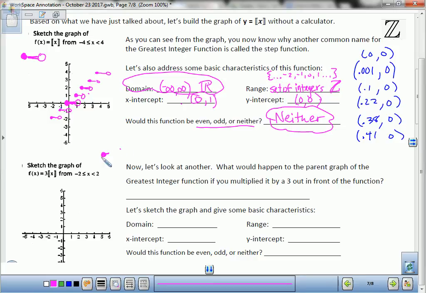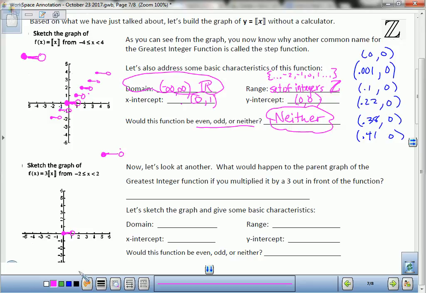All right, now looking at this one, where do you think the first barbell should be placed? The first step. Okay, is it shifted up, down, left, or right, Eddie? No, it's not. So we're going to start this barbell right here at 0, 0. Okay, and we're going to go over to 1, and we're going to put our open circle, because we studied the parent graph, and we know that's how we start. Now, this one is different from the parent graph, in that it has a 3 out in front of our function.